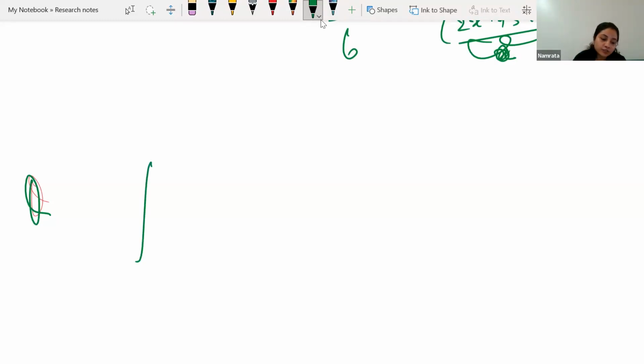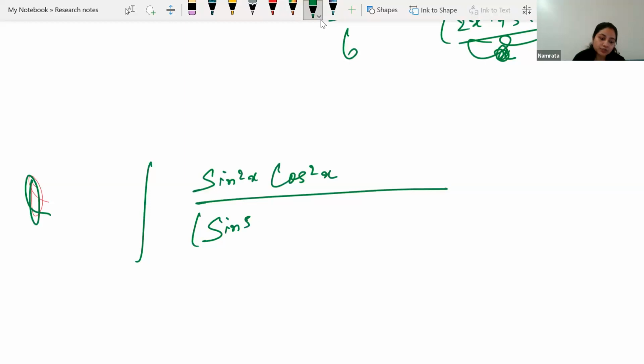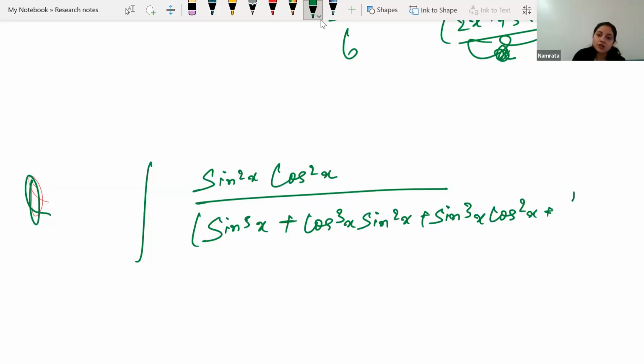The integral of sin^2 x cos^2 x over (sin^5 x + cos^3 x sin^2 x + sin^3 x cos^2 x + cos^5 x) whole squared dx.